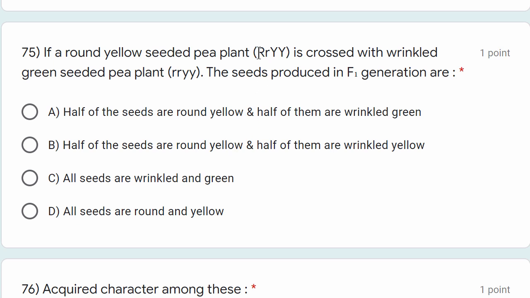Since it is Rr, dominant and recessive, and the other is recessive, whenever a dominant gene mixes with the recessive genes, they will be round, which means half of them will be round and the other half will be wrinkled. This is the answer.